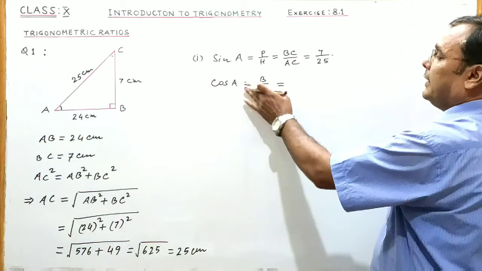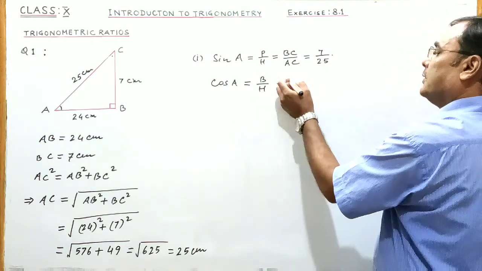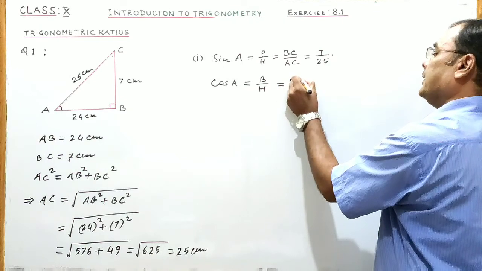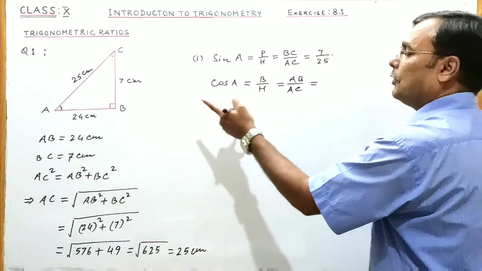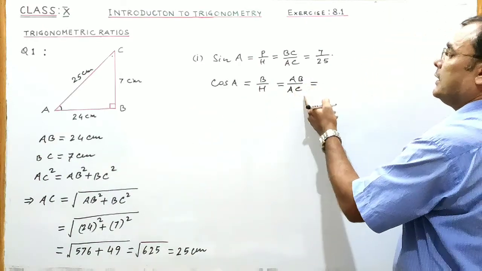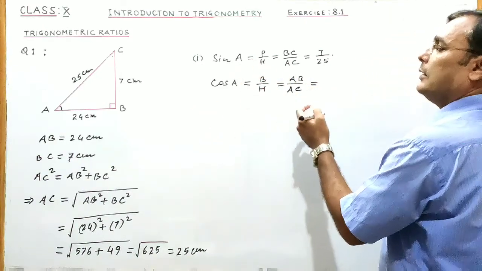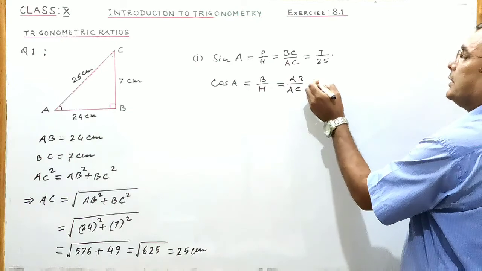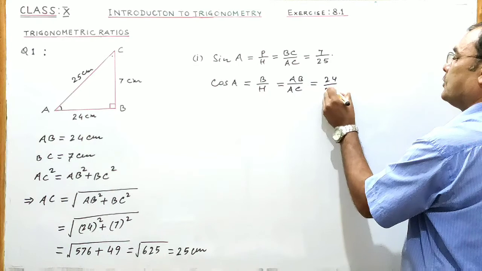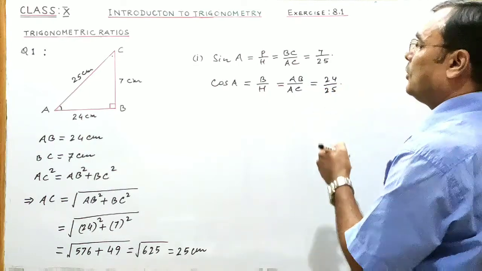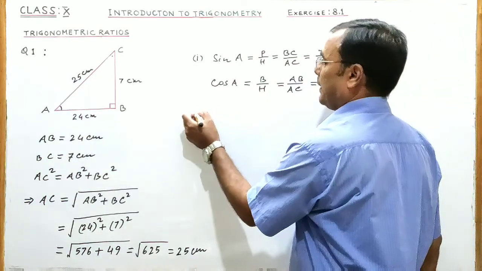And cos is defined as base by hypotenuse, which is AB by AC. AB is already given 24 centimeter and AC we have determined 25 centimeter. So 24 by 25, this is cos of angle A.